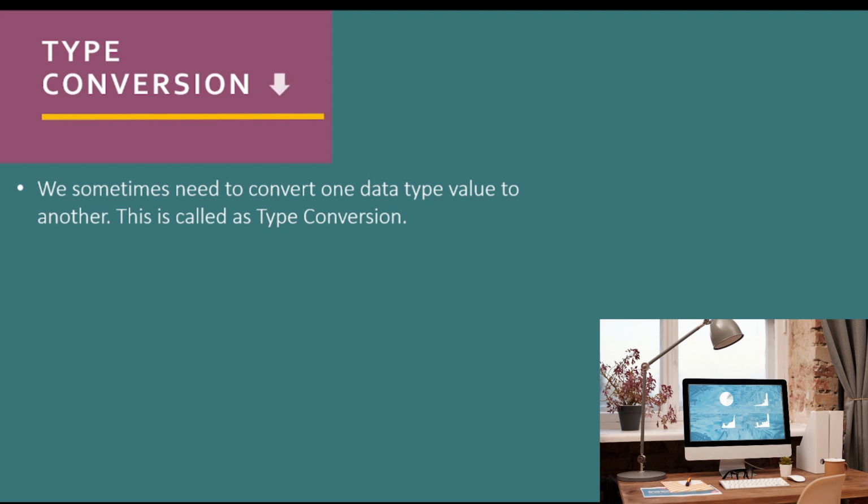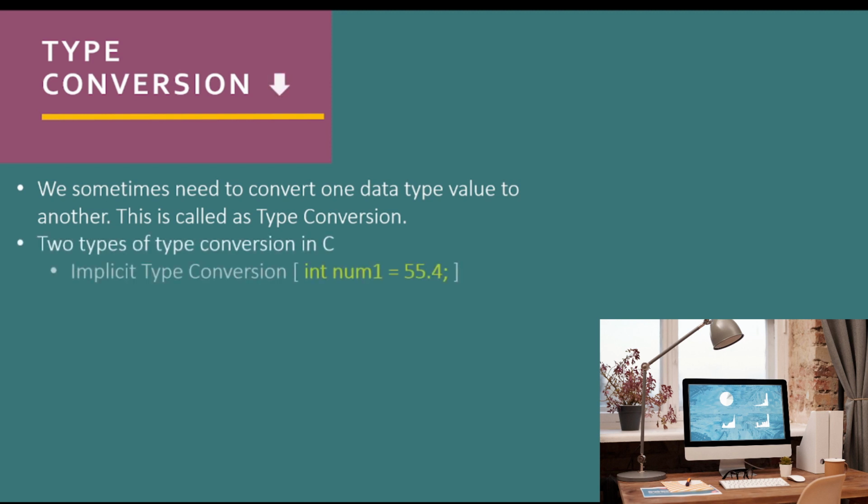This is how it happens. If you have a value 55.4 and you are going to store it in an integer type variable, not necessarily 55.4 will be stored, but only the part which num1 can hold, that is 55, will be stored here.